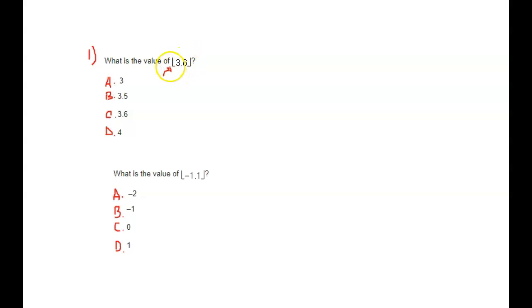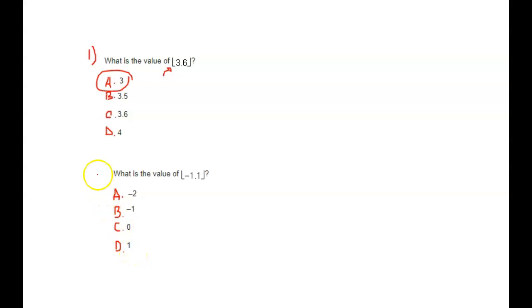So when I see the brackets at the bottom, I know this is the round down function. I'm going to take 3.6 and round down to an integer that's no greater than 3.6. So that would be 3. The answer is going to be A, 3.